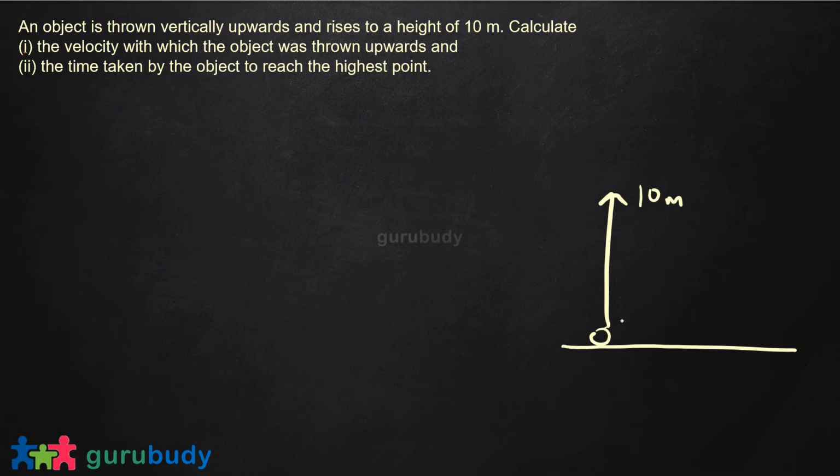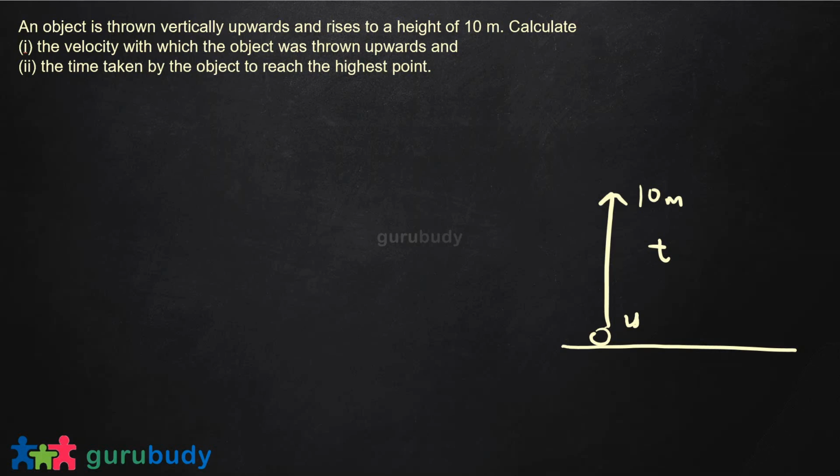So I need to calculate the initial velocity which carried the stone all the way up to 10 meter. And the second bit is the time taken by the object to reach the highest point, how much time it takes to reach the 10 meter height.